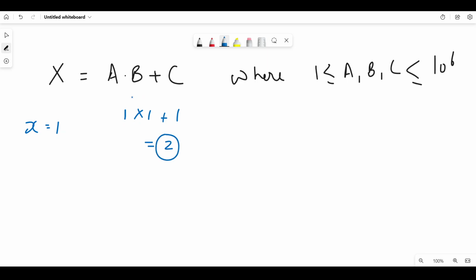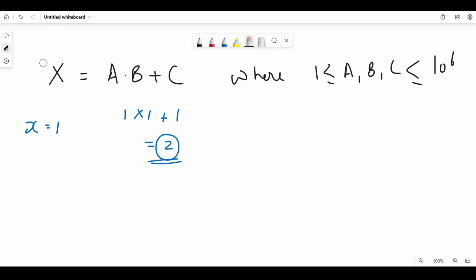So we can determine the triplet for the least value, that is 2, and we cannot determine it if the value of x is lesser than 2. So it is not defined for 1. So we'll put a check at the starting that if x is equal to 1, then straight away we are going to print -1 and move on to the next test case.